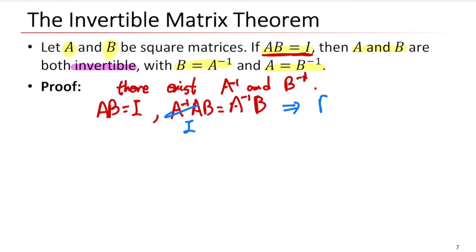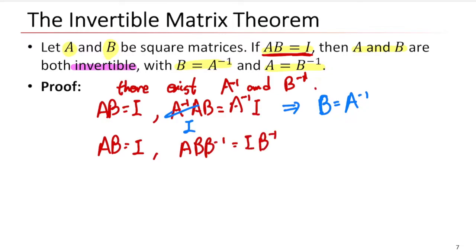Then this is I, right? So from this, B is equal to A inverse. Then another thing is that AB is equal to I. We can multiply the inverse of B on the right here, something like this. Then this is the identity matrix. Then A is the B inverse. Okay. So this is the proof.